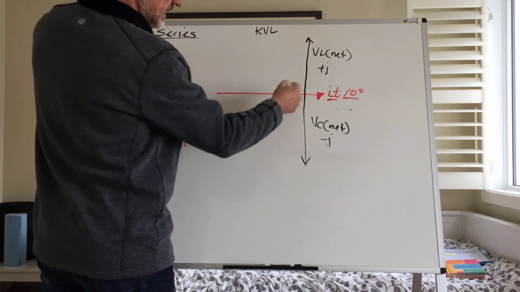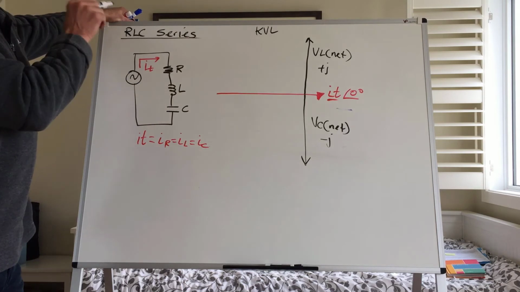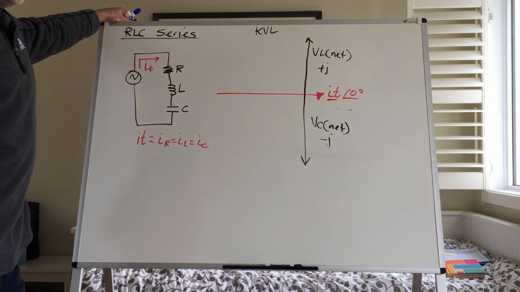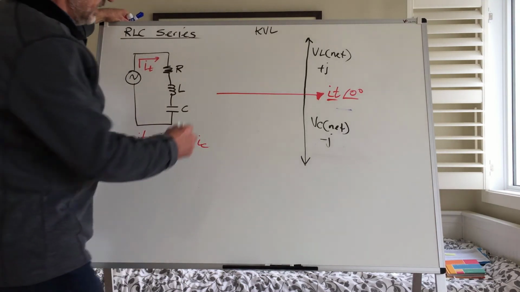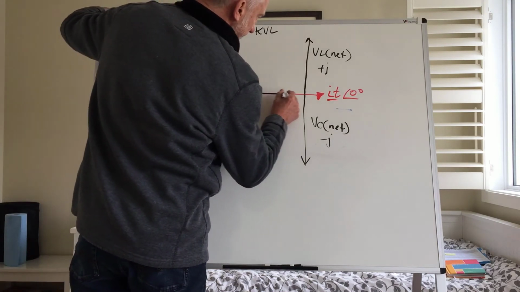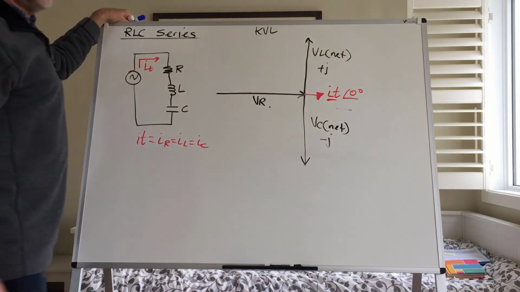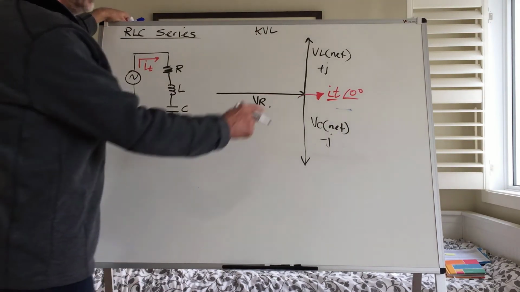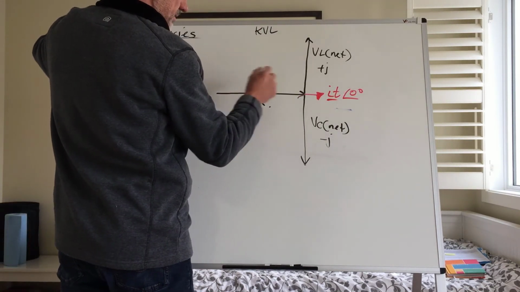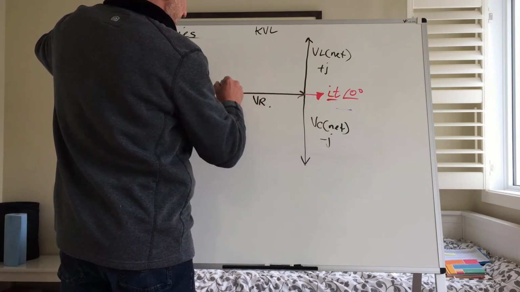Okay, now remember, one of these voltages is always in phase with the current, and that's going to be our VR. So wherever our VR value is at 0 degrees, in phase with our total current. And let's suppose now that we have a VL value greater than our VC value.